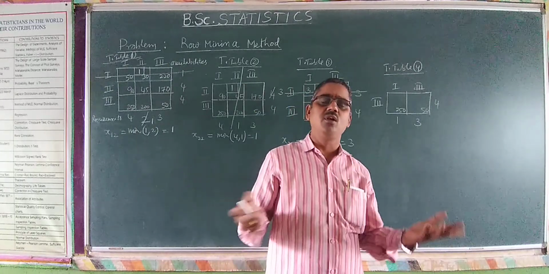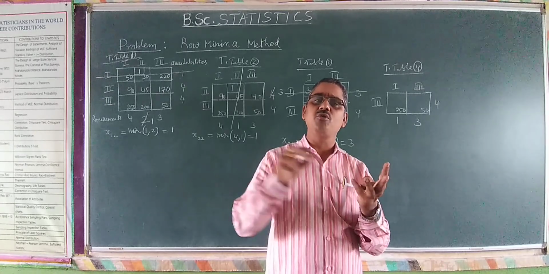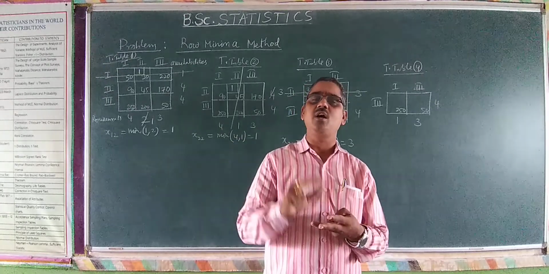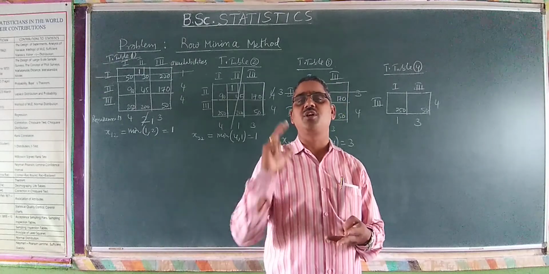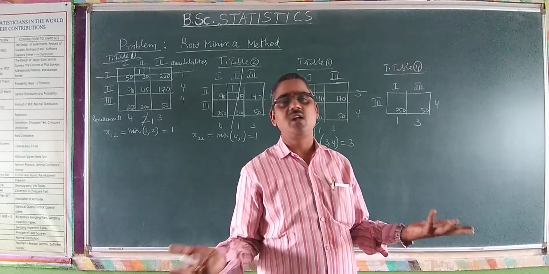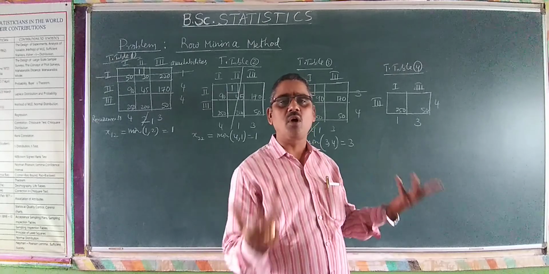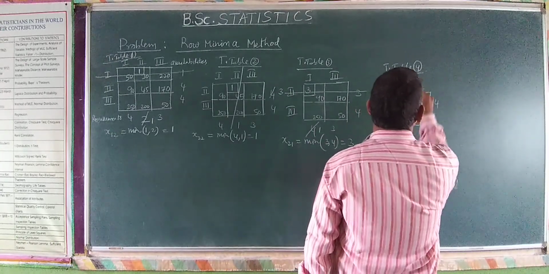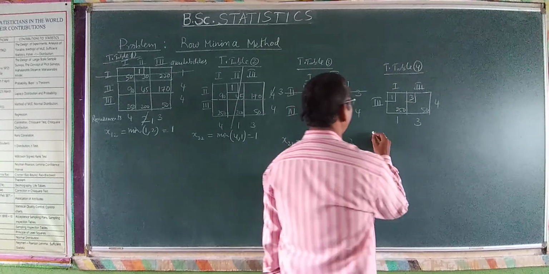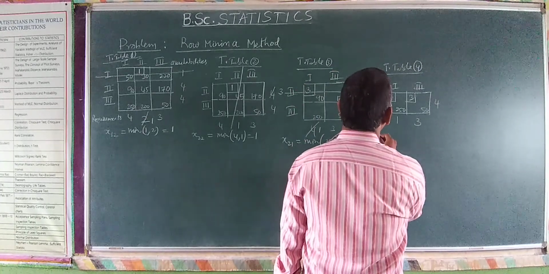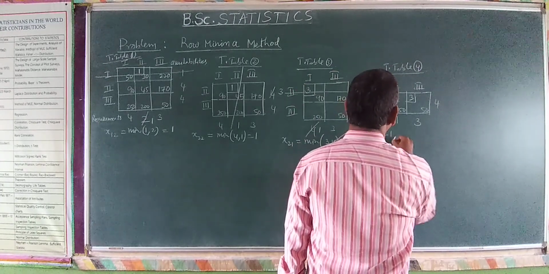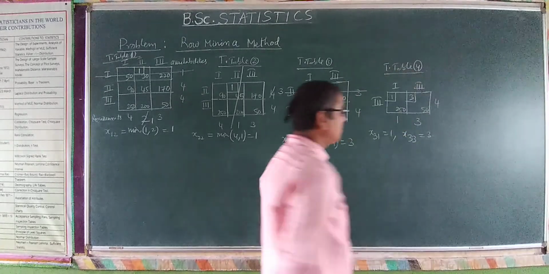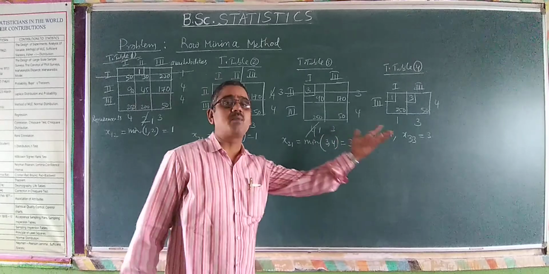We have no option, so we can send directly. So I am allocating directly 1 and 3. The allocations are x31 is equal to 1 and x33 is equal to 3. Therefore all rim requirements are satisfied.